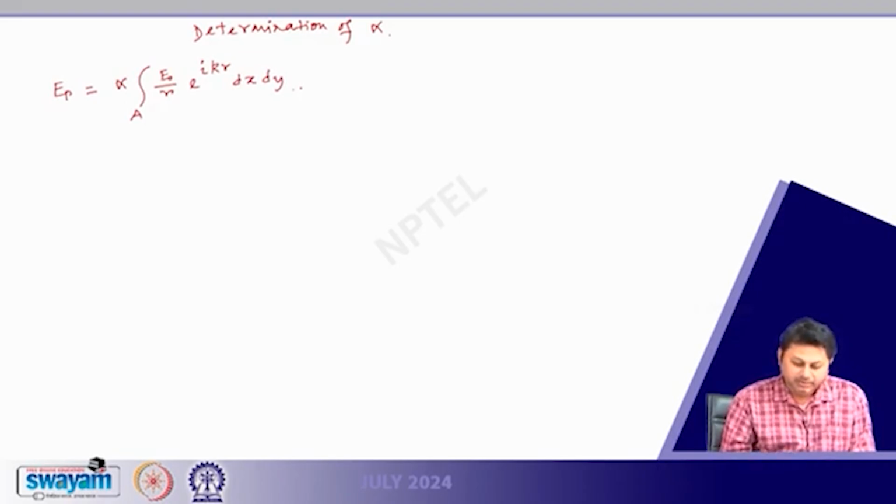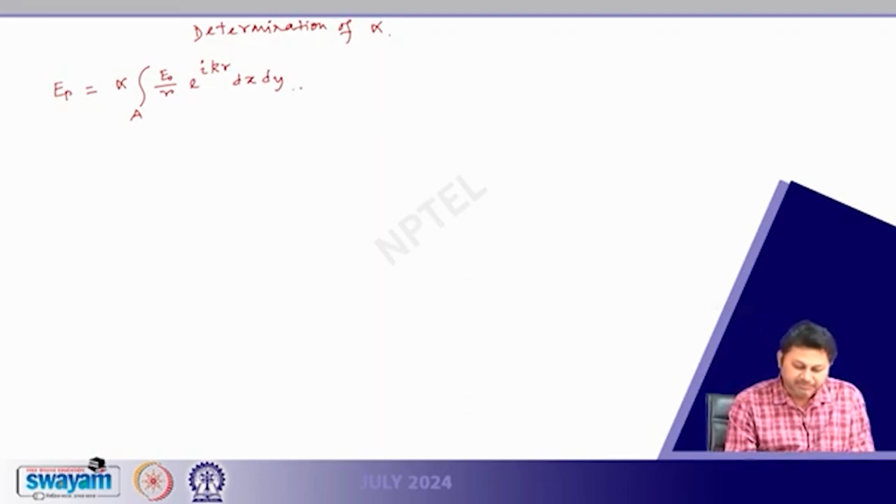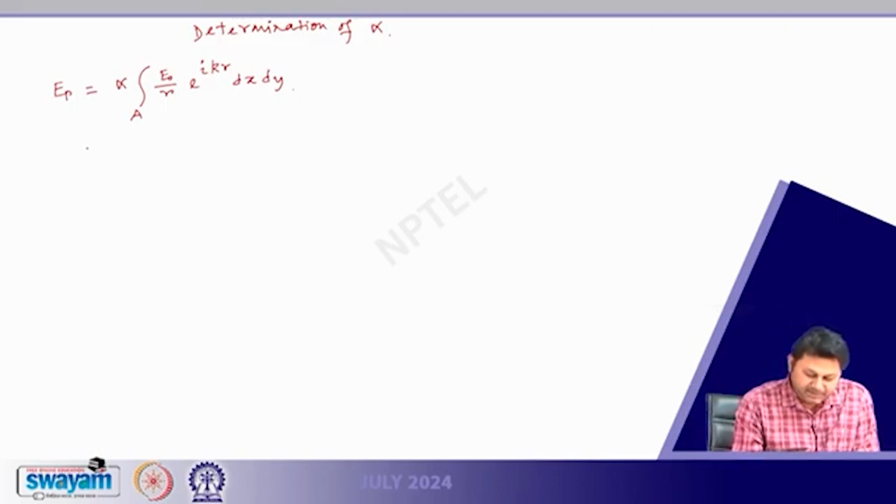Now note that in the absence of aperture A, suppose there is no aperture at all, the plane wave simply moves through this system and then E_P will be simply a plane wave, and E_P can be written as E naught e to the power of i k r. This is a plane wave.